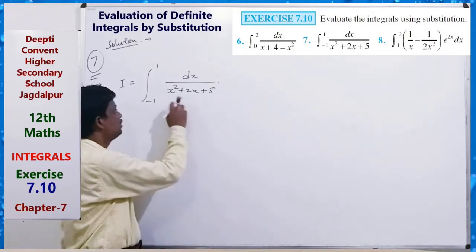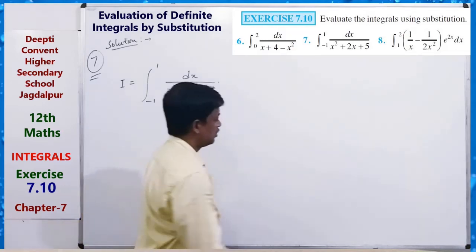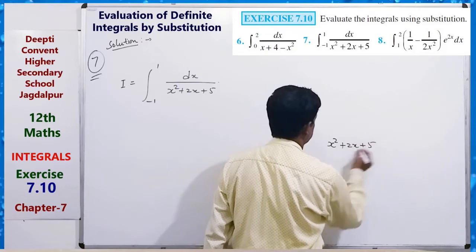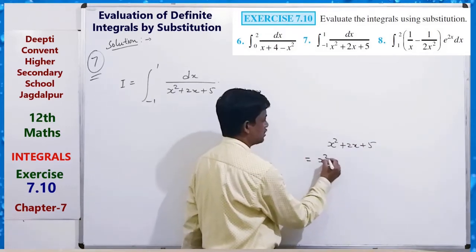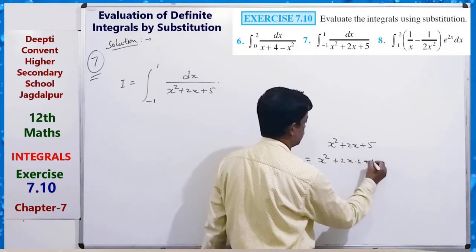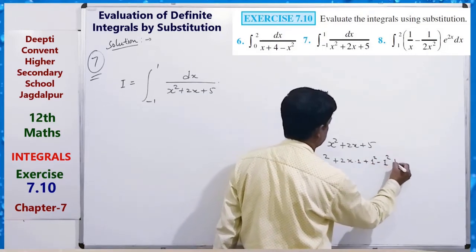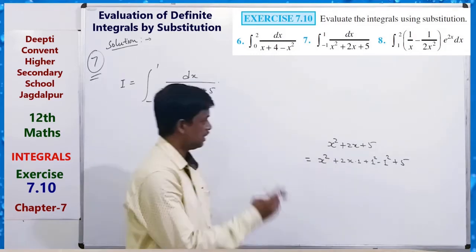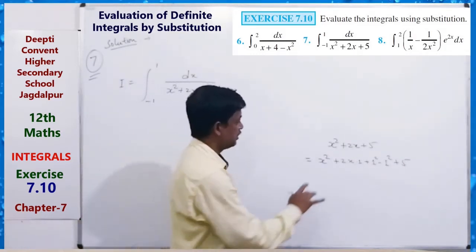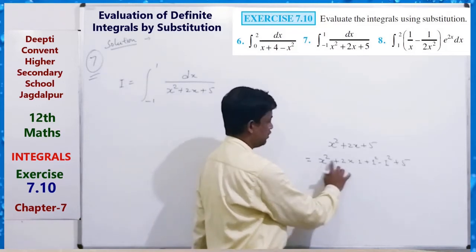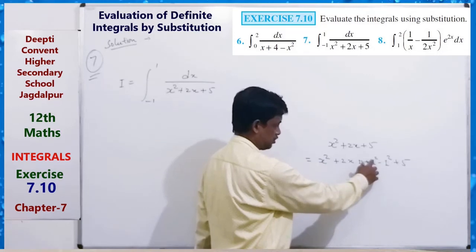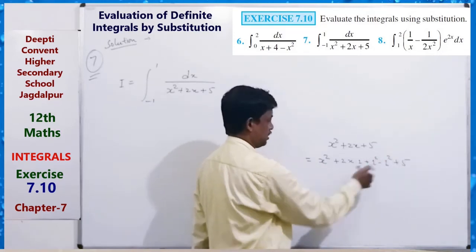So first of all we are completing the square for x square plus 2x plus 5. Perfect squaring means x square plus 2 into x into 1 plus 1 square minus 1 square plus 5. x square plus 2x plus 5 means a square plus 2ab plus b square, 1 square plus and 1 square minus, plus 5.